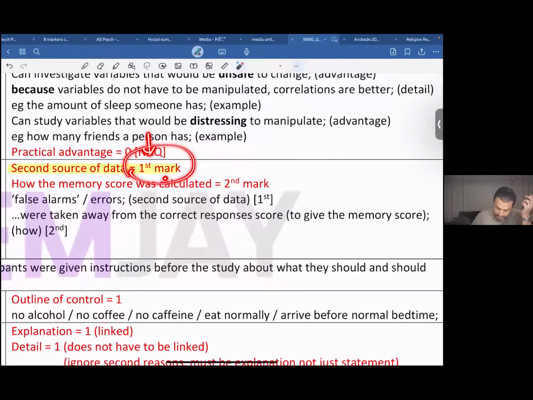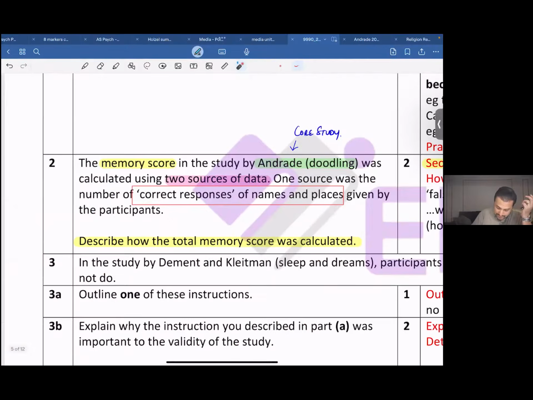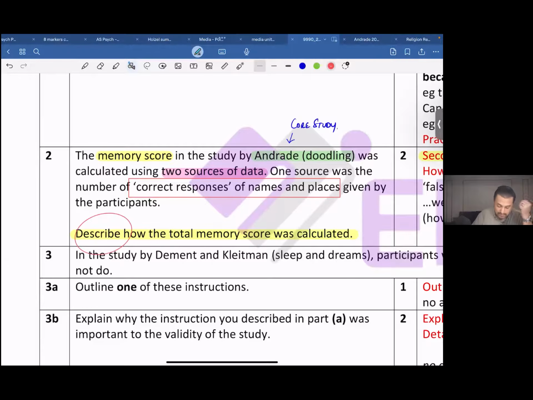The keyword over here is describe. The command word over here is describe, right? And when you are asked to describe, you describe. You don't just identify and let it be.